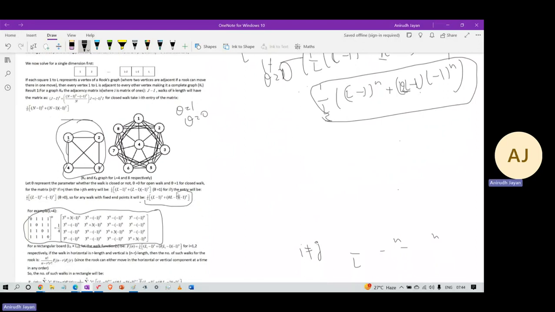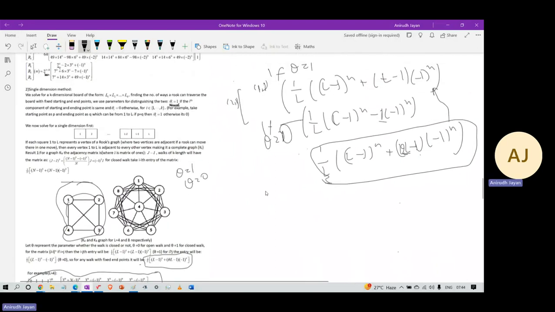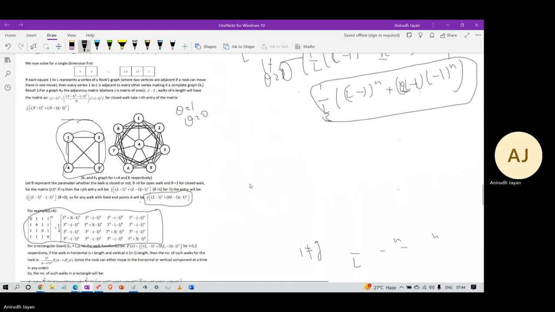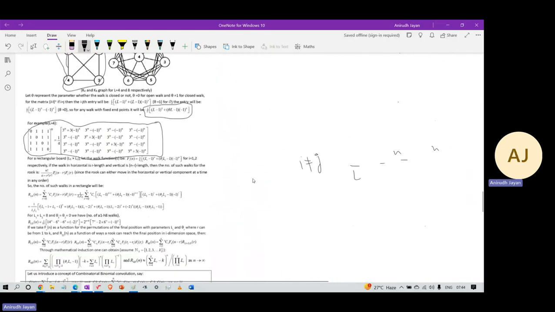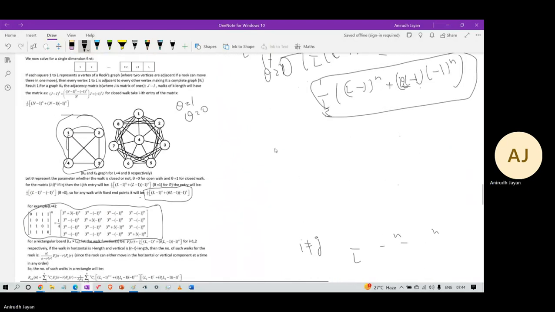So you have two parameters: whether the walk on one particular component will be open or closed, and the length of that particular component. So for a k-dimensional board, you have the lengths L1 to Lk and the parameters theta 1 to theta k, where theta 1 will decide whether starting and ending points are matching or not.